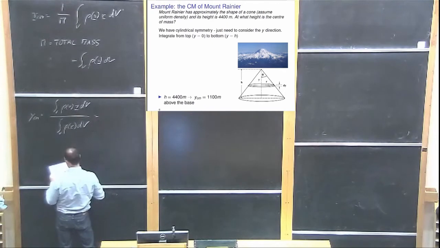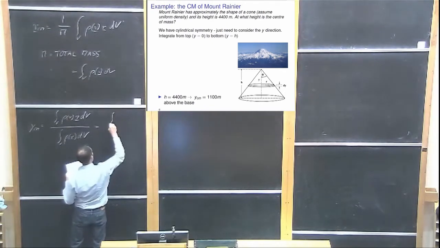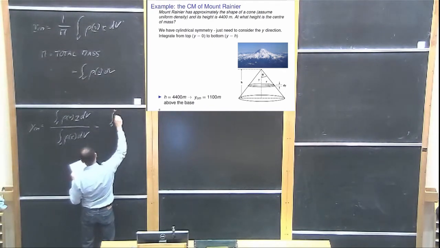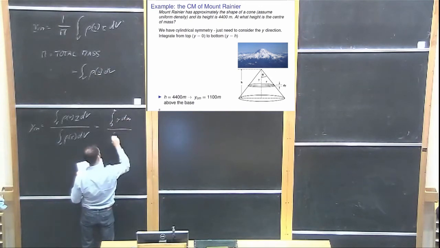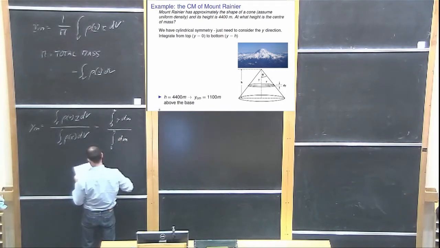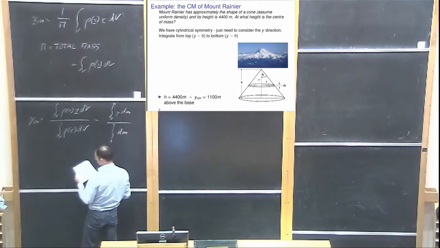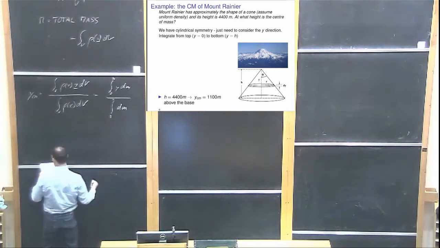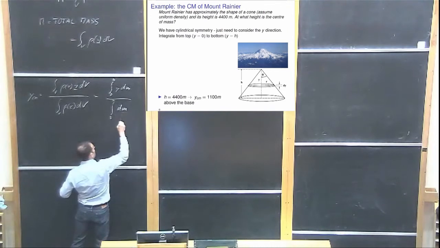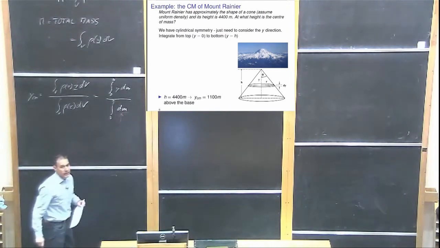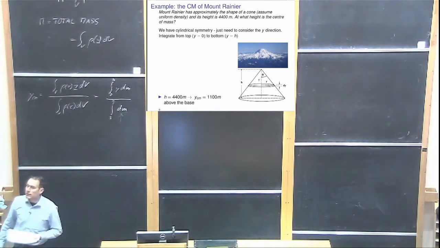And since that's only a function of the y, we can rewrite that as the integral from 0 to h of y dm over the integral from 0 to h of dm. Now, many of the problems you will have in physics will revolve around what is this dm.